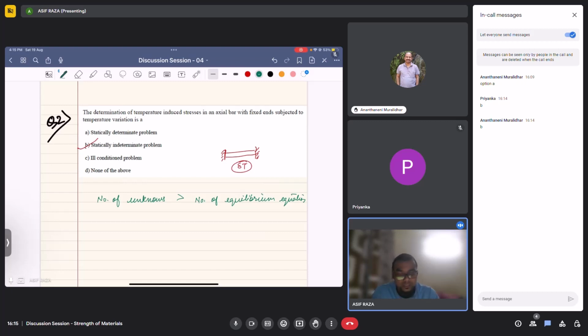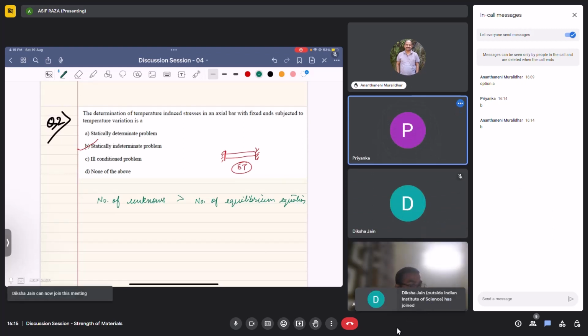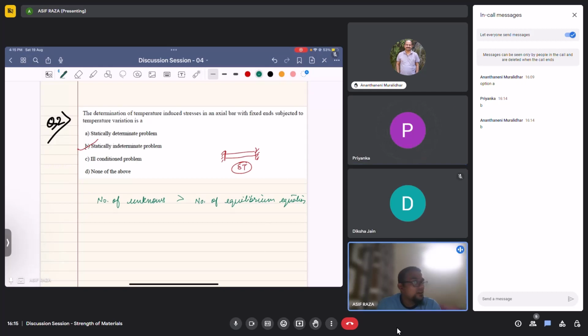Okay, moving on to the next question. Sir, in such kind of problem, we use geometric compatibility, no, sir? For different problems, how will we get to know what we should apply, like geometric compatibility? That differs from question to question, and the way to solve the static indeterminacy is different for trusses in comparison with frames or bars.